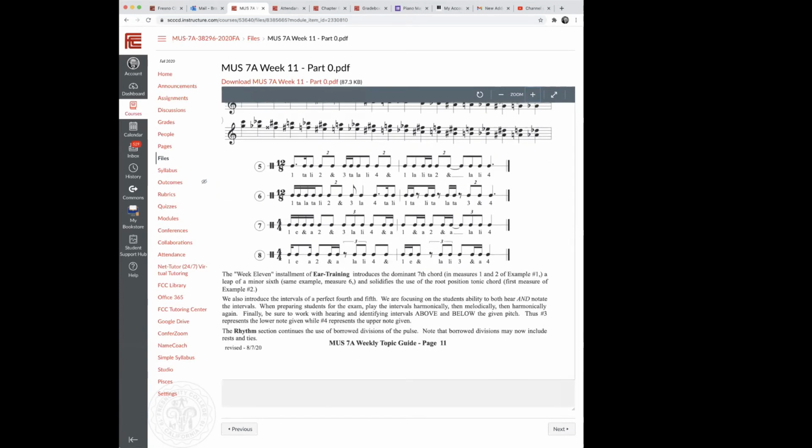What can you tell me about rhythm number 5? Well, 5 and 6 are in compound meter, yeah? Yes. We are continuing the borrowing of the duples. But what's new? We have a tie on the duple. Yeah. We have ties and we have rests now.